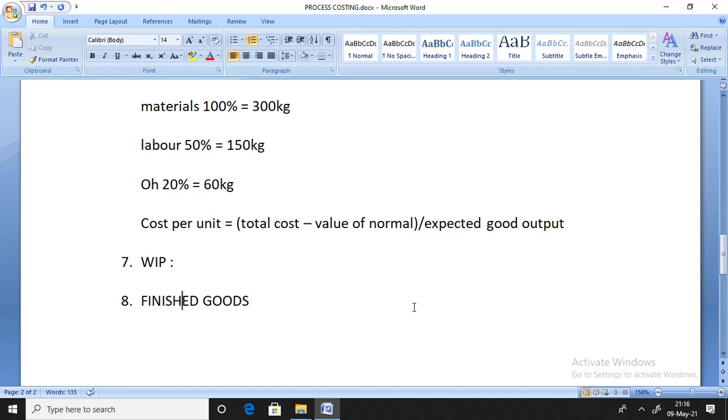So from process 1, you go to process 2, you go to process 3, and things like that. So the work in progress from process 1 may be required to go into another process, and in that process it will become the opening work in progress. Closing work in progress in one process becomes the opening work in progress in another process.